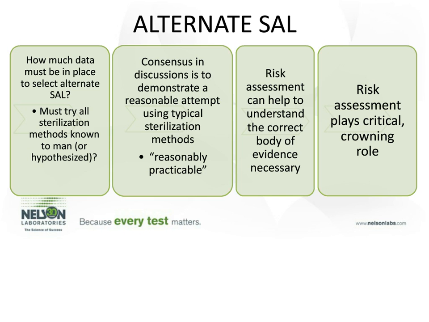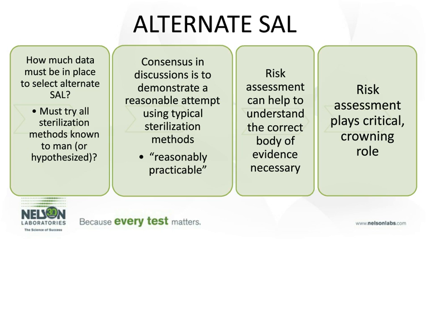As we've been working on the improvements, the update to ST67, and the approach that we intend to put forward in the ISO document, the consensus truly is to demonstrate a reasonable attempt at using the various sterilization methods.